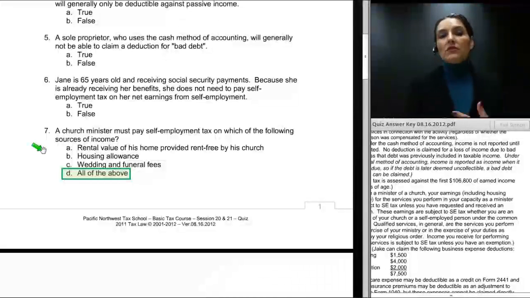So many ministers will come in and say, yeah, I've heard that we can be exempt from that SE tax. Well, that's true if they, on religious grounds, are willing to forfeit all entitlement to receipt of any Social Security benefits. Most ministers, once they find out that not paying into the system means they're not entitled to receive from the system, change their minds and decide, I think I'll pay into the system.